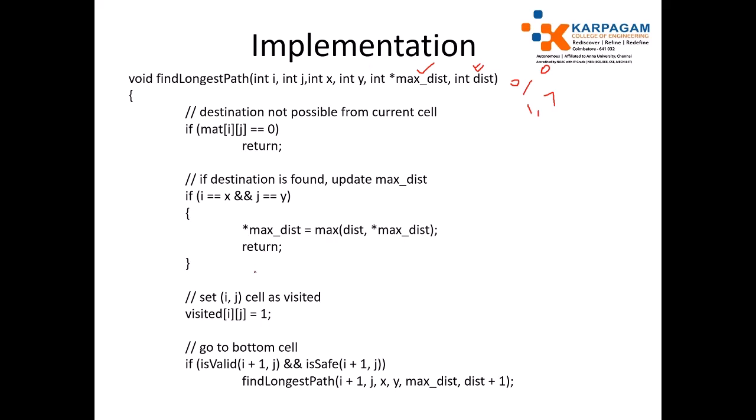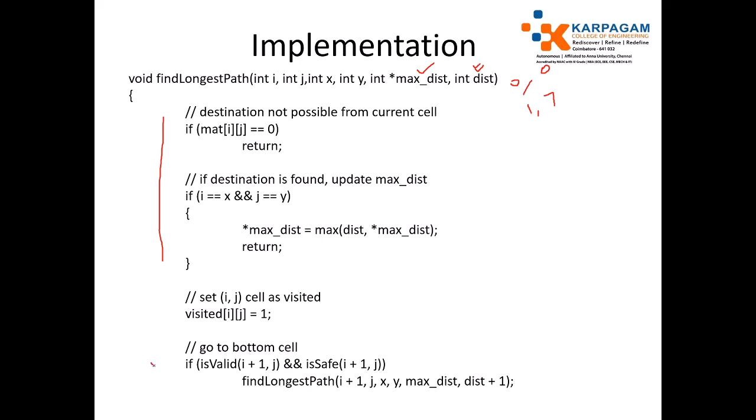These two conditions are called base conditions. If these two conditions are not satisfied, just set visited of the current cell i, j as 1 and check whether we are going to a valid path and safe path to move further.